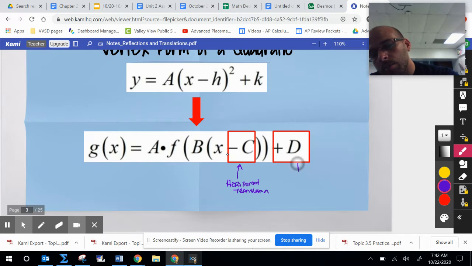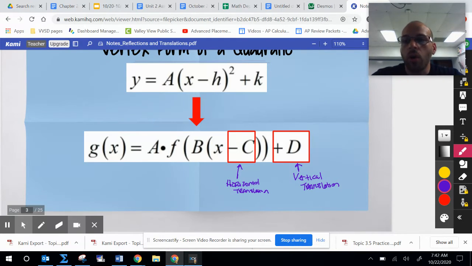And when I add or subtract on the outside of my function, that is going to give me the vertical translation. Okay, so we have to look at where that is located. Is it inside my quadratic, the squared piece, or is it outside? And that's going to tell me what direction I'm moving.